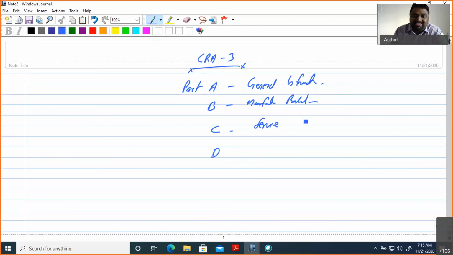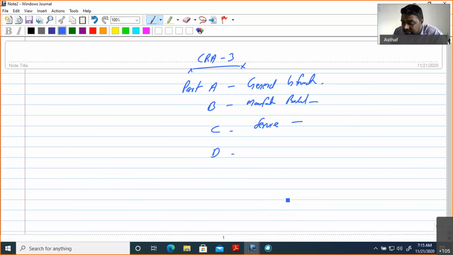As in the last class, the cost audit is not only applicable for products, it is also applicable for services. So service will come under part C. Part D is where all the additional information will go.